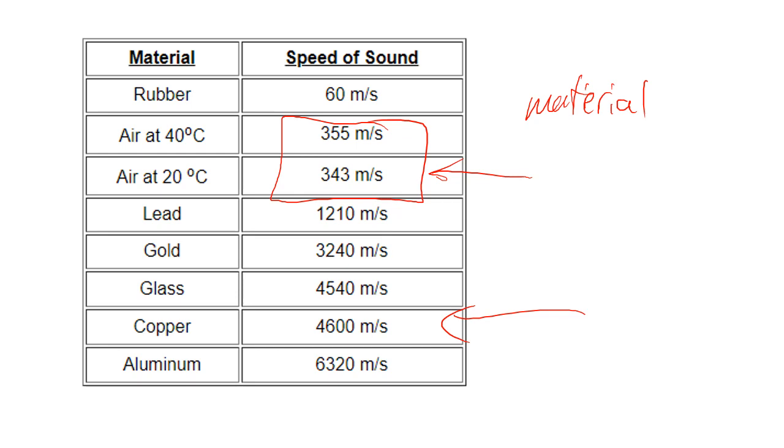By way faster, we mean times 10. And this is always going to be the case. Air is very slow for sound waves, metal and solids are very fast, and liquids like water are somewhere in the middle. So sound will travel faster through water than through the air.